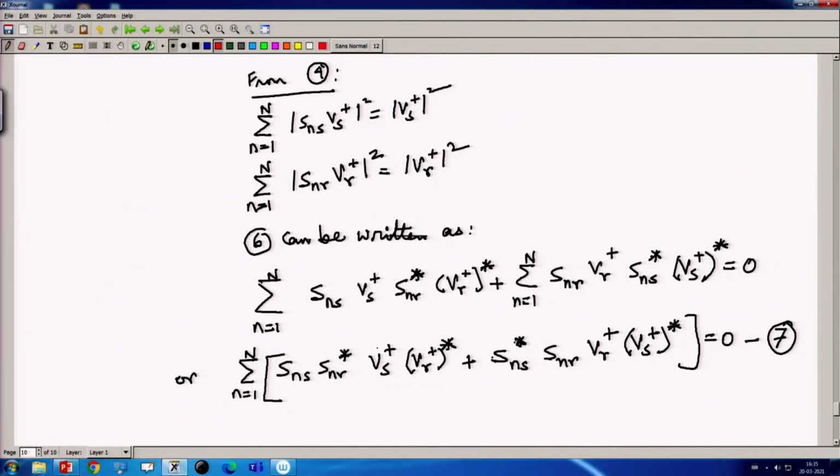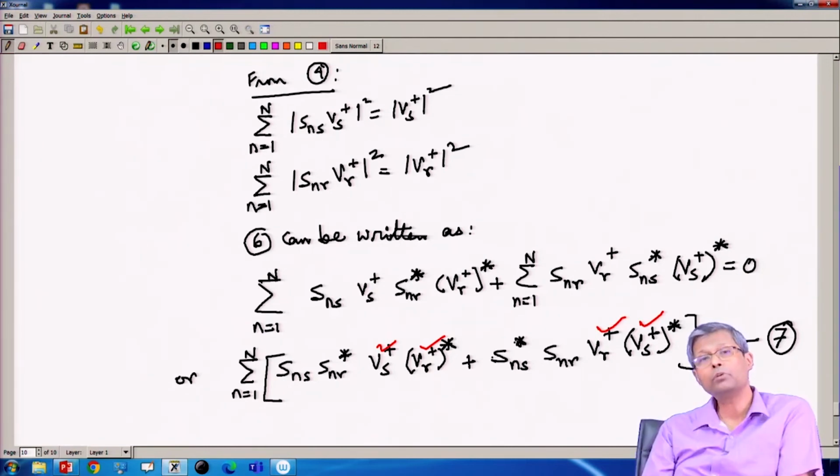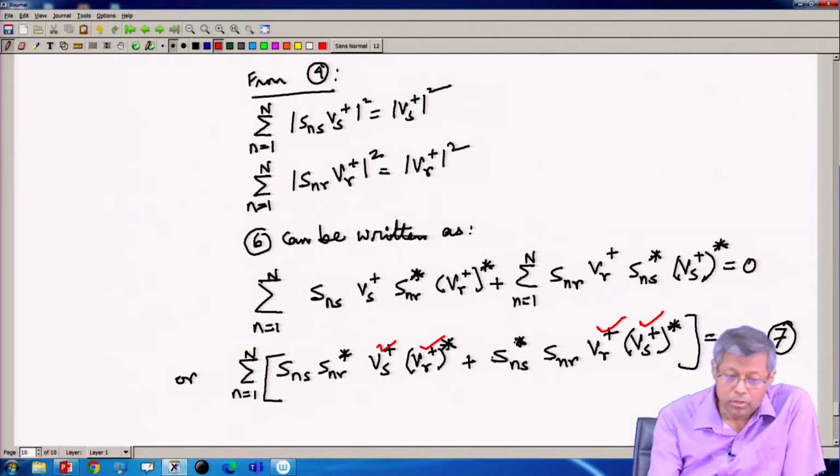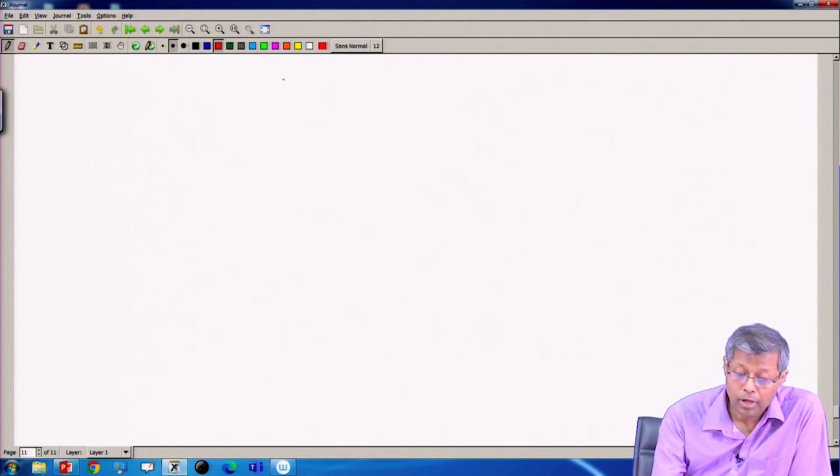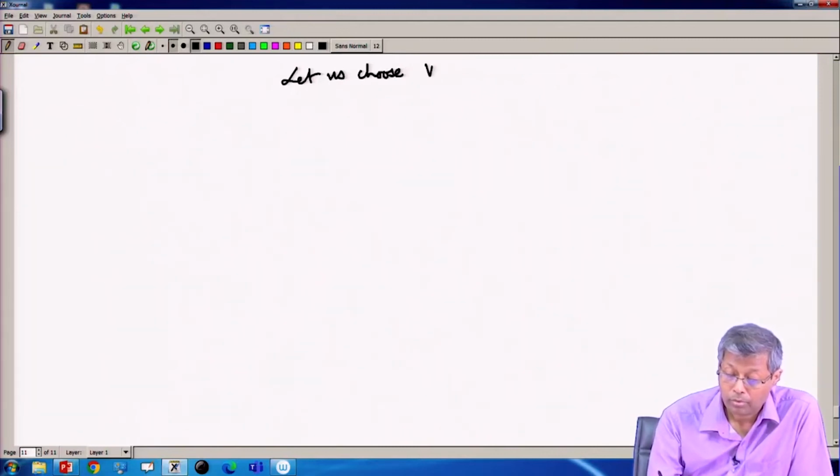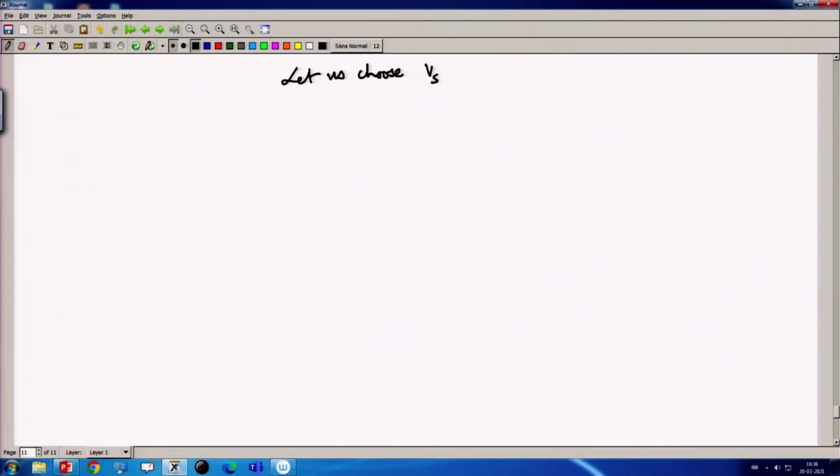Now, these two quantities V s plus, V r plus, again can be chosen according to my free will, because they are general. This equation will hold good regardless of the values of V s plus and V r plus. So, let us first choose V s plus equal to V r plus.